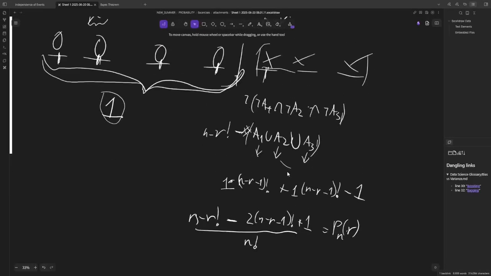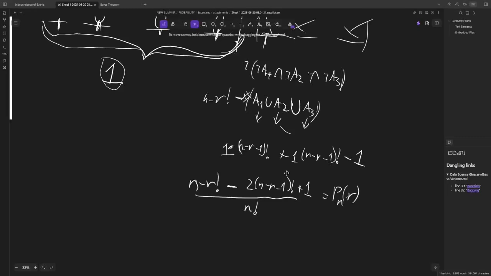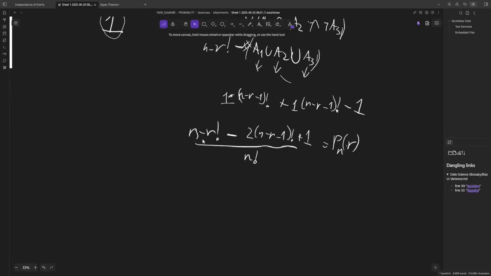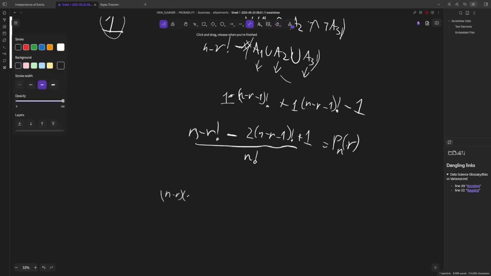So that's literally exactly our elements, right? Let's divide this. If you've got n minus r factorial, then that means that this is n minus r times n minus r minus 1 and n minus r. No, I cannot show that properly.